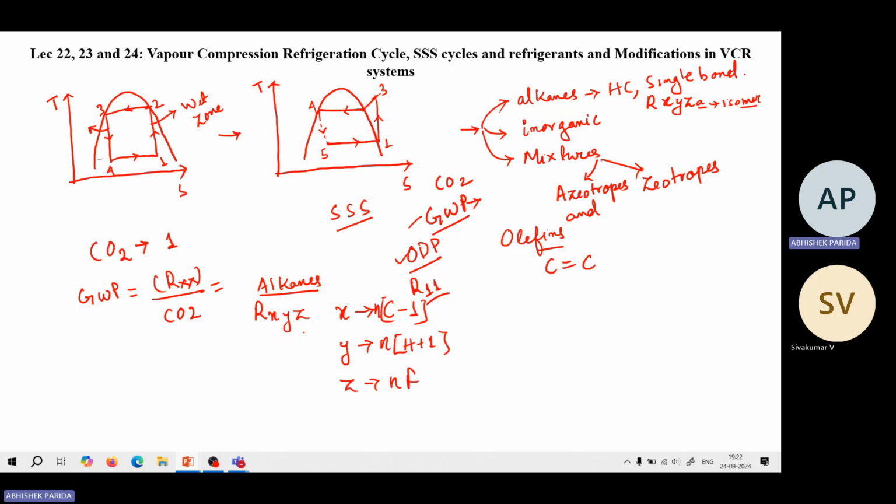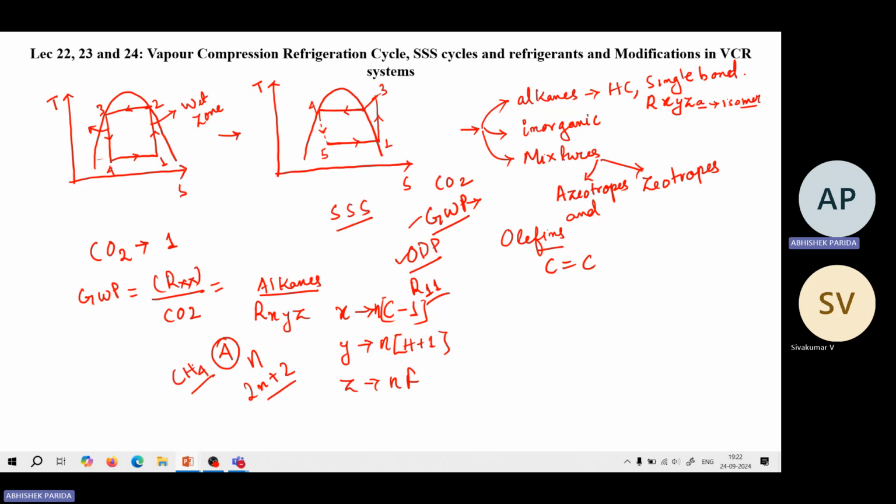Now, as these are alkanes, each carbon has a maximum bond formation of 4. Okay, so based on that, we have that formula. If there are n number of carbons, then 2n plus 2 is the maximum number of bonds that it can form. For example, in methane, you have 4 bonds.